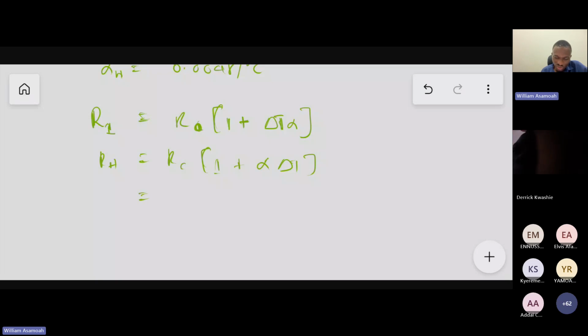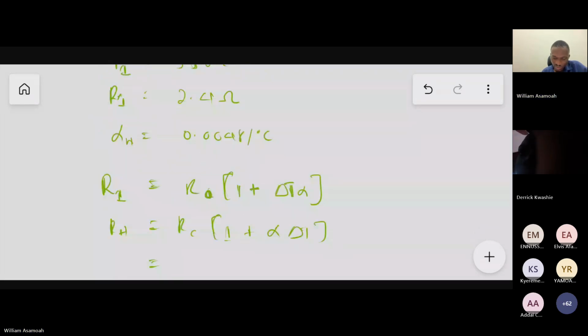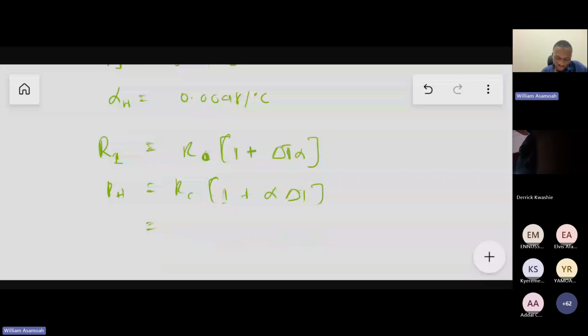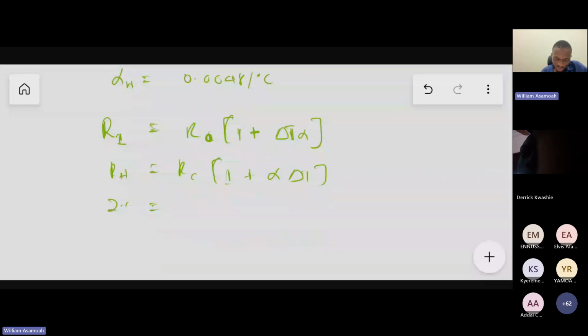We know R hot is 2.4, and RC is 1 plus 0.0048 times 350 minus 25. And so when you evaluate all of that, what will it be? All that number parts. So what will it be?